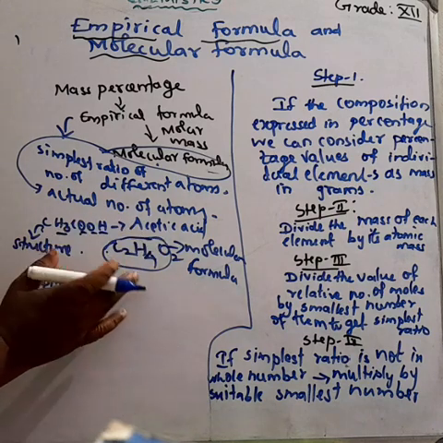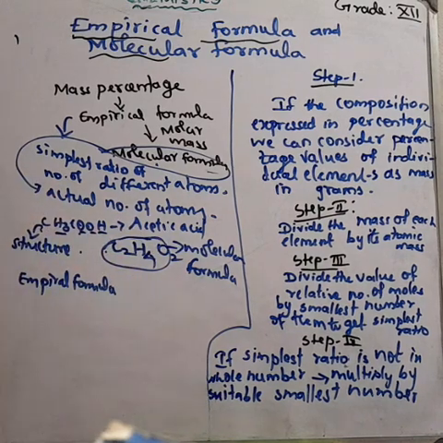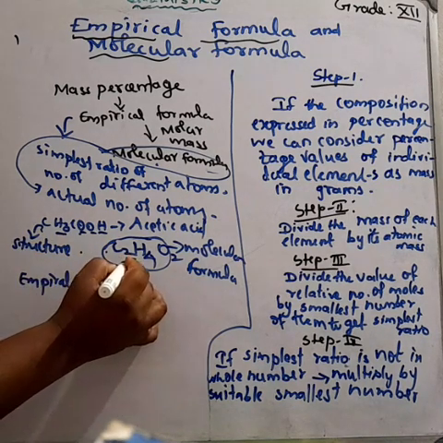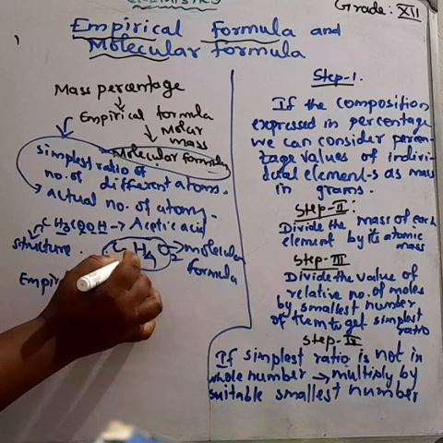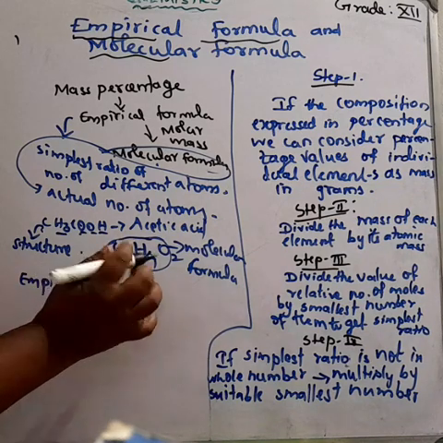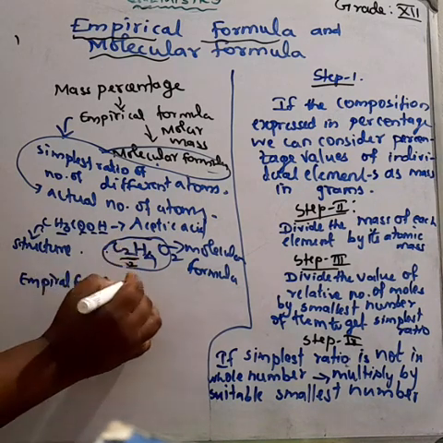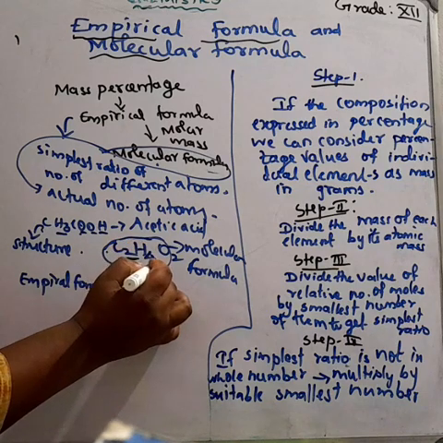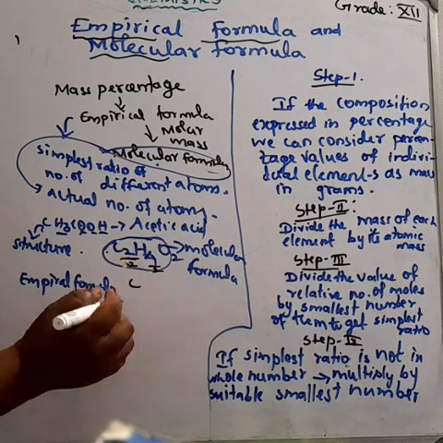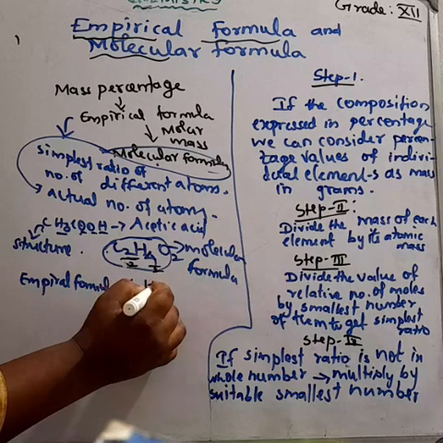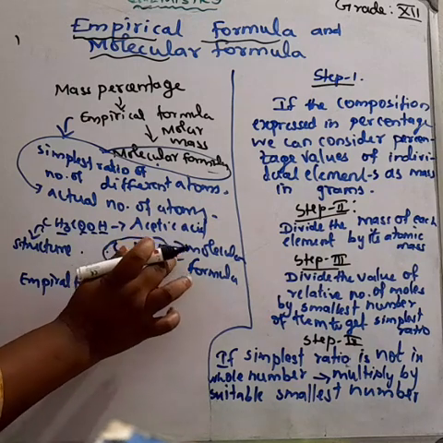Simplest ratio. Dividing by 2, carbon 2 atoms, 2 by 2 we get 1. Hydrogen 4 atoms, 4 divided by 2 we get 2. Oxygen 2 atoms, 2 divided by 2, 1.